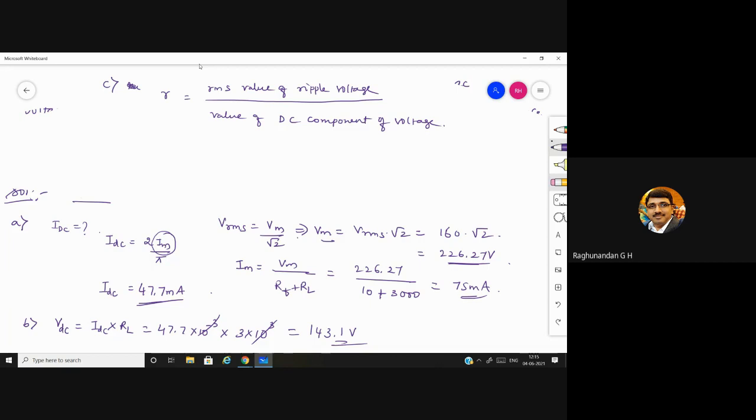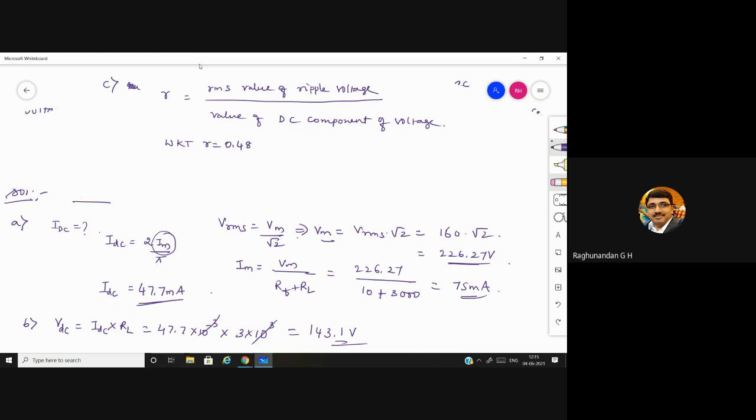So R is not given in this case, right? But whenever R is not given and they're asking the RMS value, then you need to consider the standard value. What is the standard value of R for a 2-diode rectifier, or a full wave rectifier with center tap? 0.482, yeah. So we know that R is equal to 0.48.